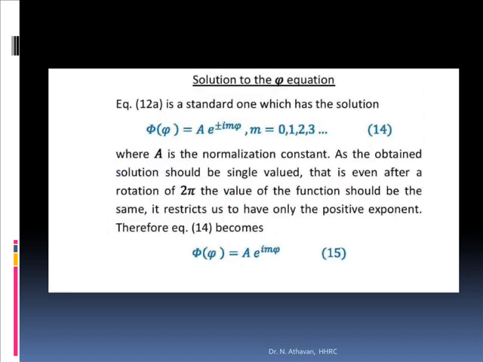So we can easily write the solution of phi equation as phi of phi is equal to A e to the power plus or minus im phi. You can also write it as A e power plus im phi plus B e power minus im phi. Whichever way you want, you can write it, but we have to be very careful about the admissibility conditions and the boundary conditions.